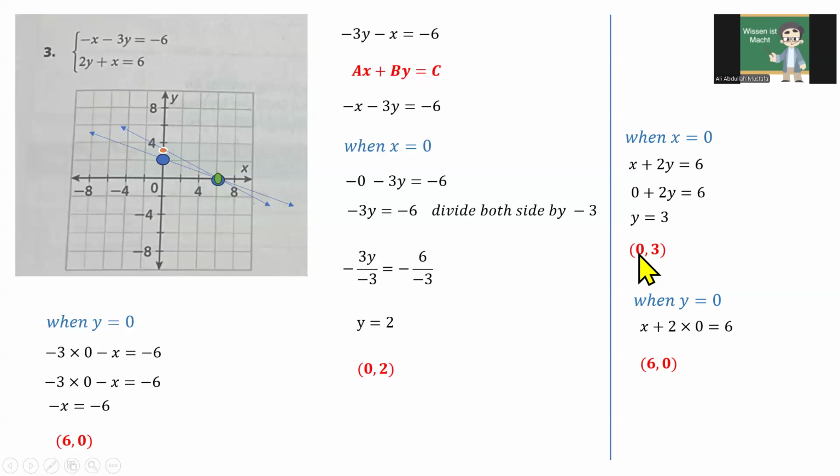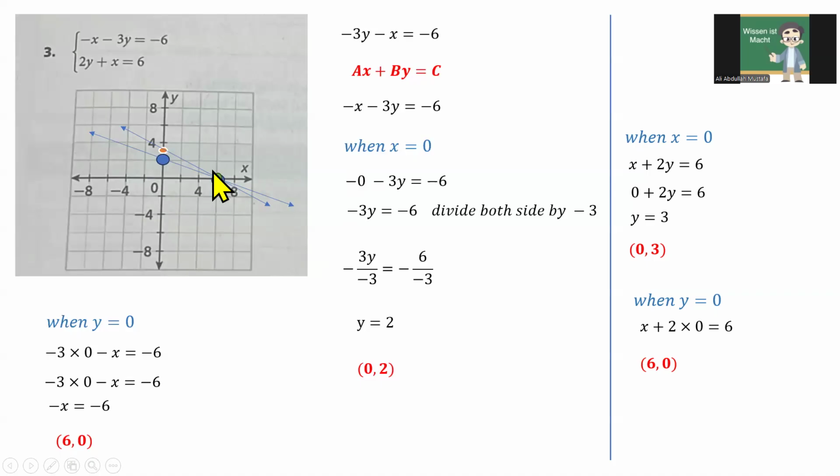The other point is 0 for x, and then 3, going upward. This is 2, and the middle between 2 and 4 is 3. This orange point is 0, 3. And then we have 2 points here: the green one is the second 6, 0 point.